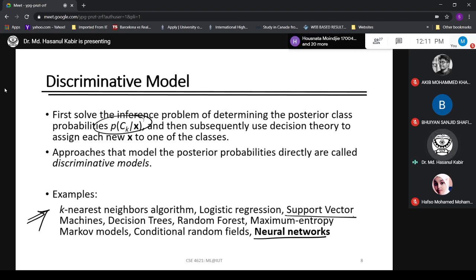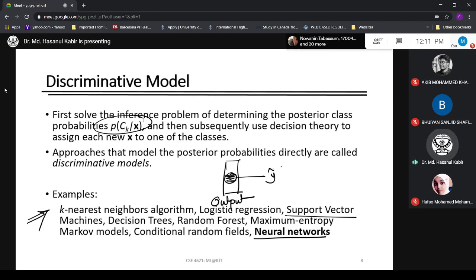It means that what we do is simply compute this posterior probability, because we have seen that in case of neural network, the last layer that we have is the output layer. If we are doing binary classification, this node gives us the predicted outcome.